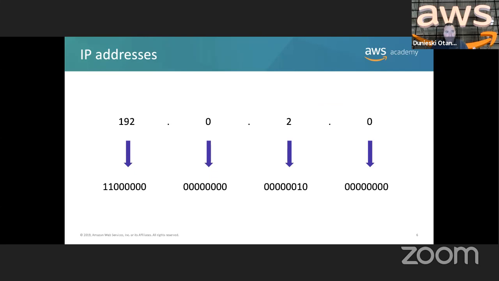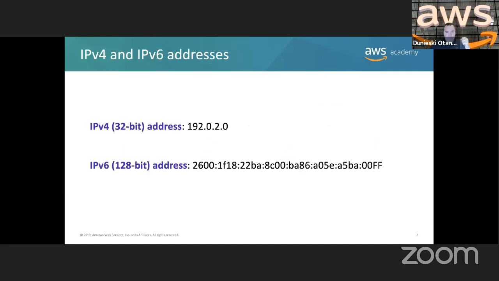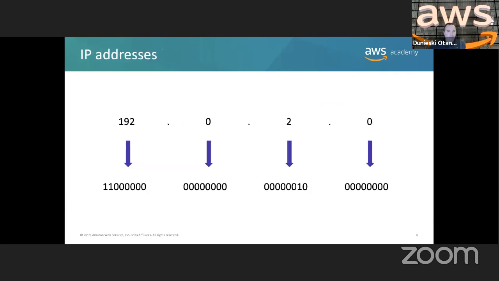But what you have to know is that every single component before a dot in an IP address is a byte that has 8 bits, and in total would be 32 bits.